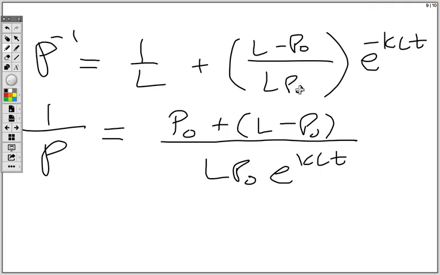So if I want to add these two, we'd have to have a P naught e to the KLT. If we're going to do L P naught e to the KLT, then this is missing a P naught, right? E to the KLT? Yeah.